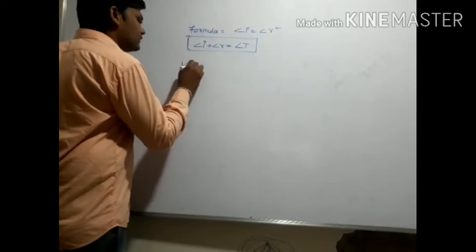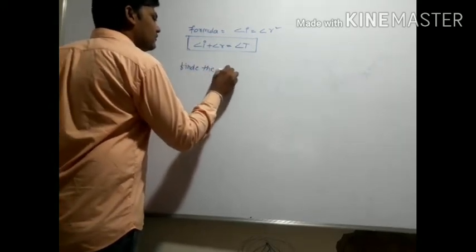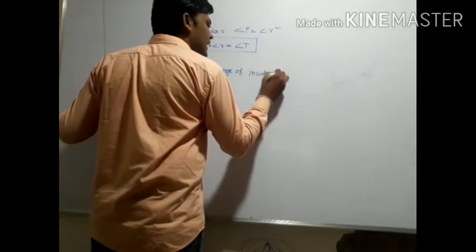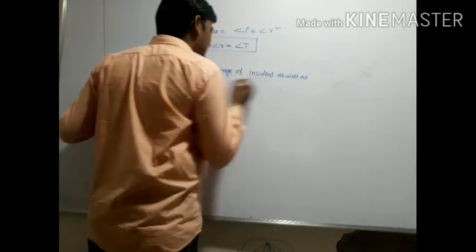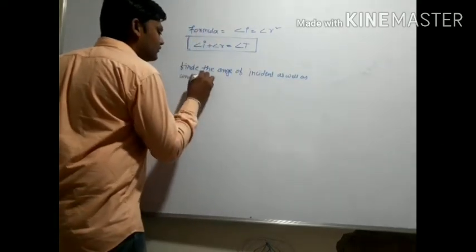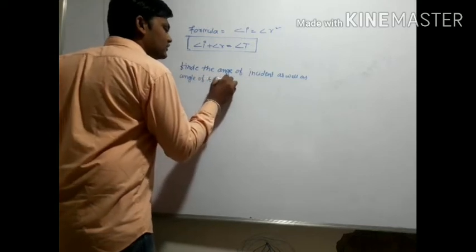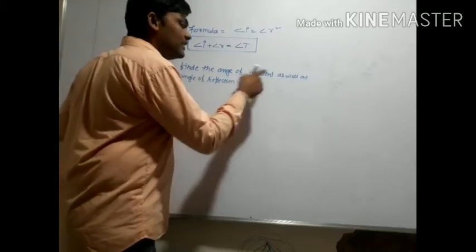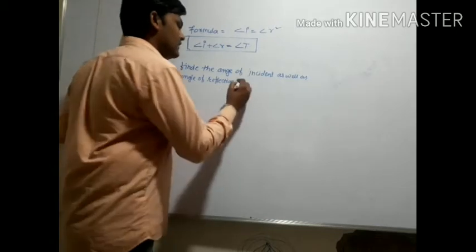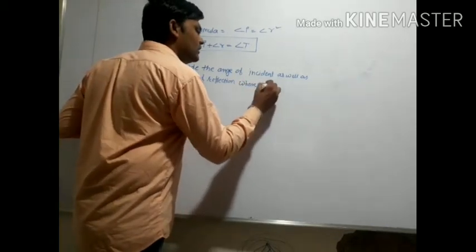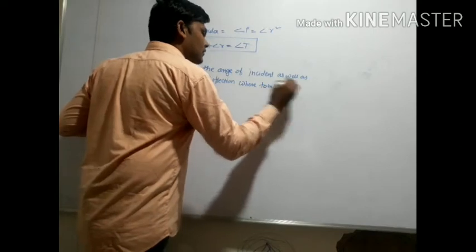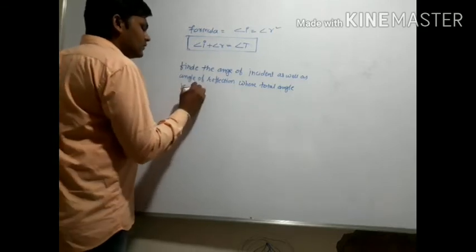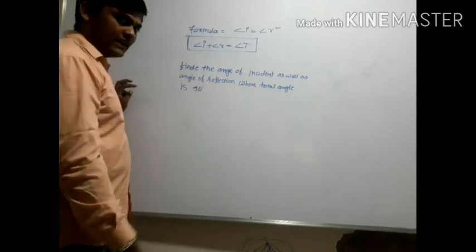Find the angle of incidence as well as the angle of reflection, both we have to find out over here, where the total angle between the incident and reflected ray is 90 degrees. Okay, 90 degrees I have taken over here.